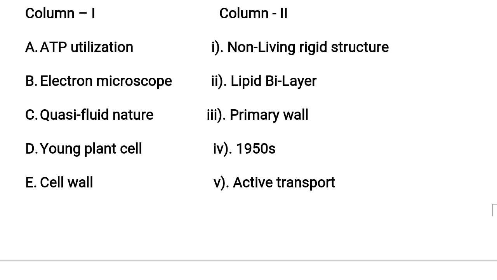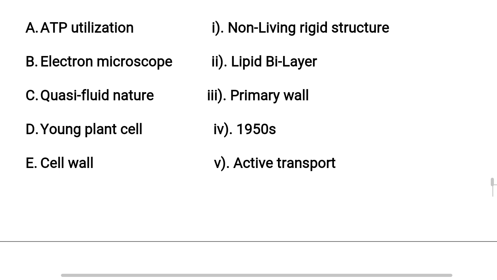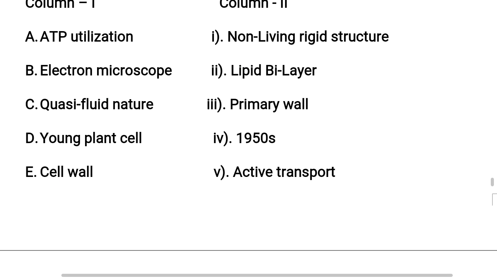This ability to move within the membrane is measured as its fluidity. That nature is seen in the fluid mosaic model proposed by Singer and Nicolson in 1972. Understand? So quasi-fluid nature is exhibited by the lipid bilayer. So C is matching with Roman number 2.